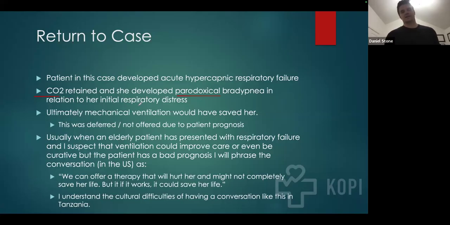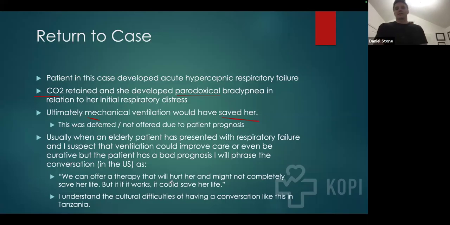When you get acidotic, we didn't really talk about this, but your blood vessels start to dilate and you develop a vasodilatory shock or distributive shock state, which ultimately causes cardiopulmonary collapse and death. So mechanically ventilating this patient would have at least bought her some time. She had some metastatic disease that was probably not going to necessarily respond to treatment, but it would have at least saved her from this condition.